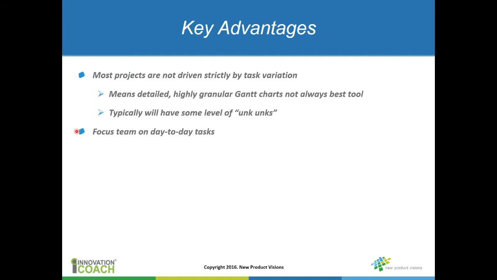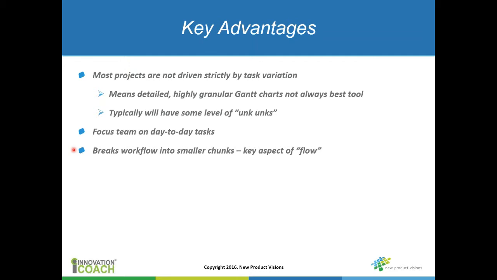Secondly, it really focuses on the team's day-to-day activities, and I think that's really important. It's focused on what you have to do today and keeps the pressure on the team to focus on those tasks. This is where the rubber hits the road, so to speak, in terms of getting the day-to-day stuff done.